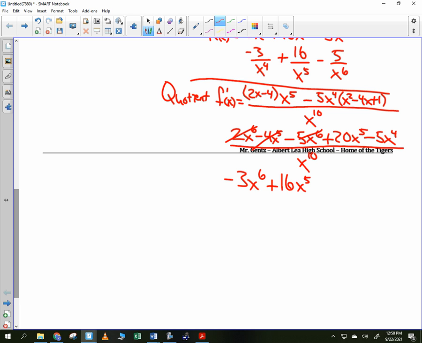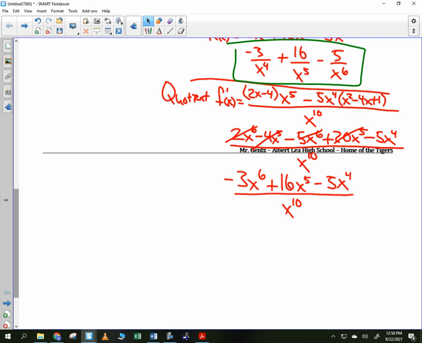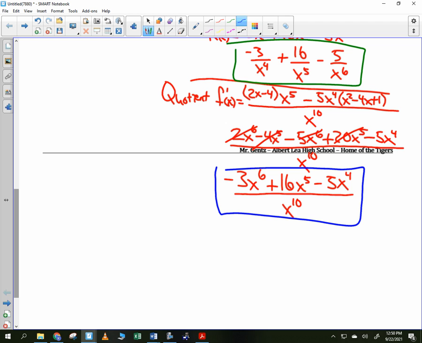Those are gone. I've got minus 5x to the 4th. And that's all over x to the 10th. As you glance at it, folks, okay, is what I have in green the same as what I have in blue?